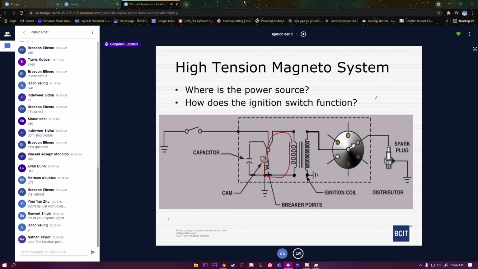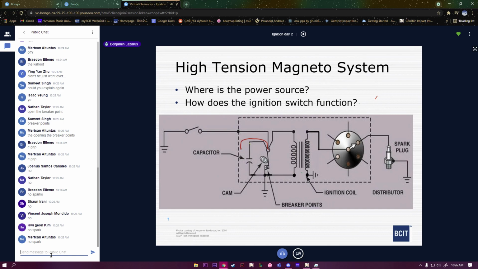Opening the breaker points. When do I open the breaker points? At E gap, right. So what would happen if I did not open the breaker points? Would I get a spark? No, okay.